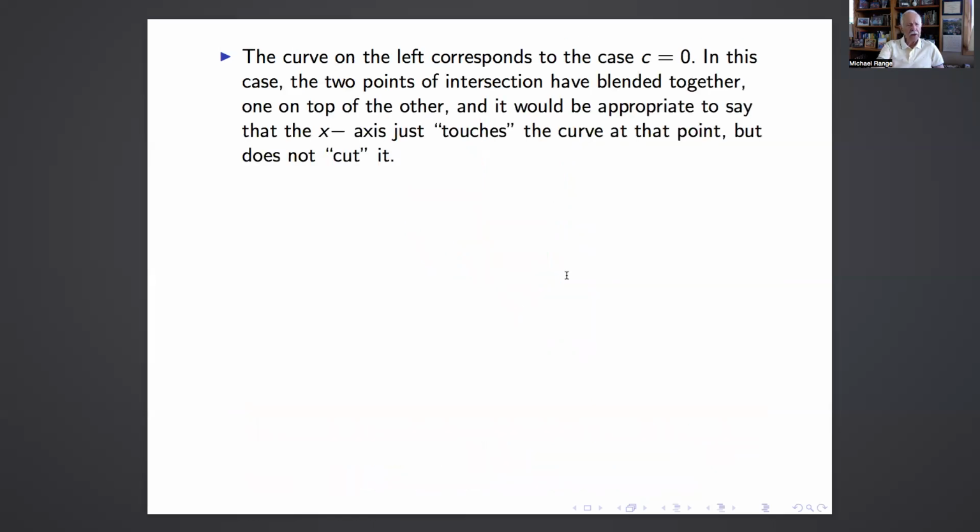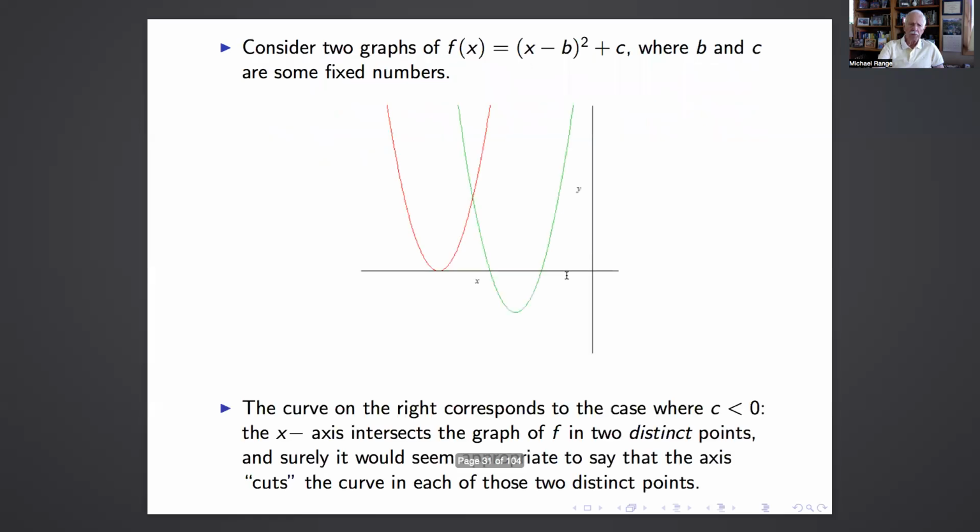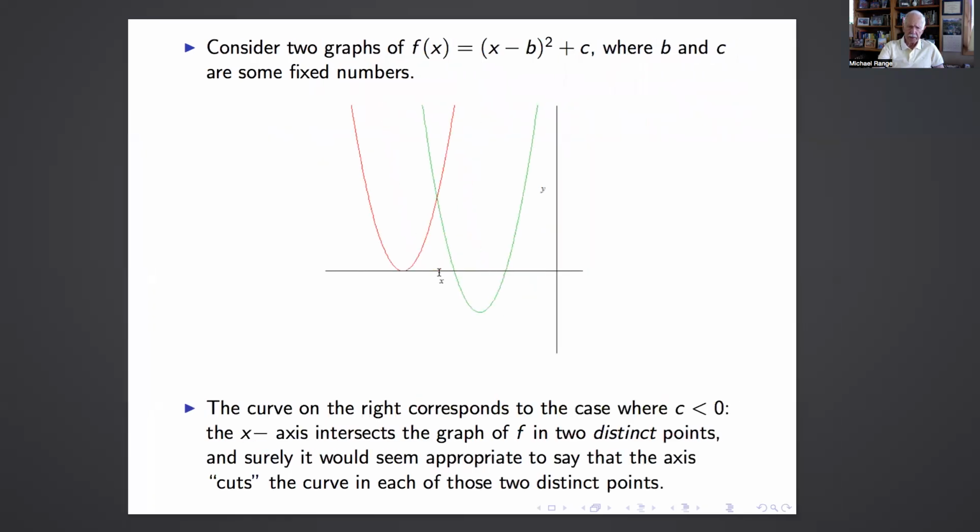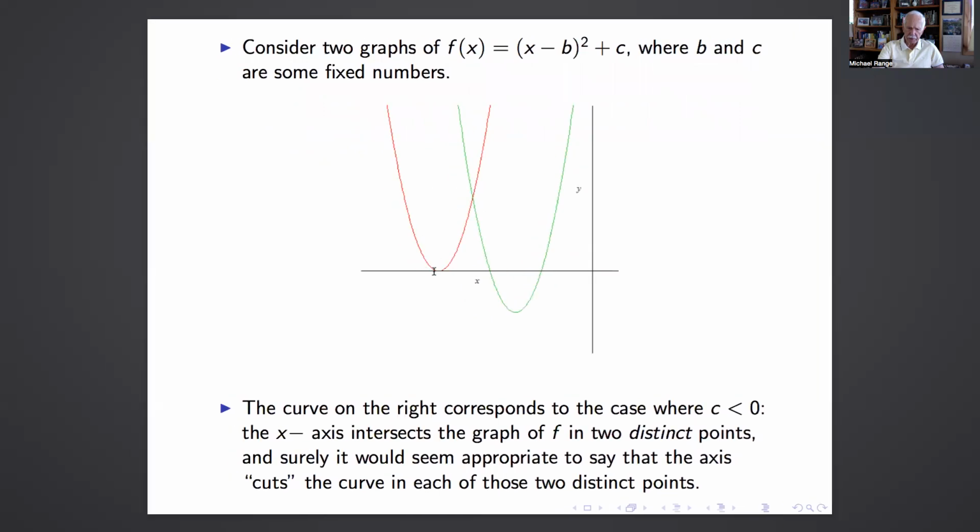The curve on the left corresponds to the case where c is equal to 0. In this case, the points of intersection have blended together, one on top of the other, right here. If you pull this down a little bit, the 2 points will separate. But at this place, the 2 points coincide.